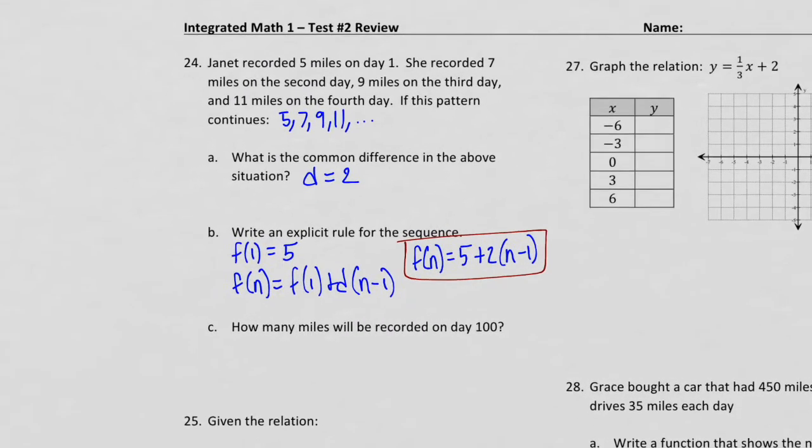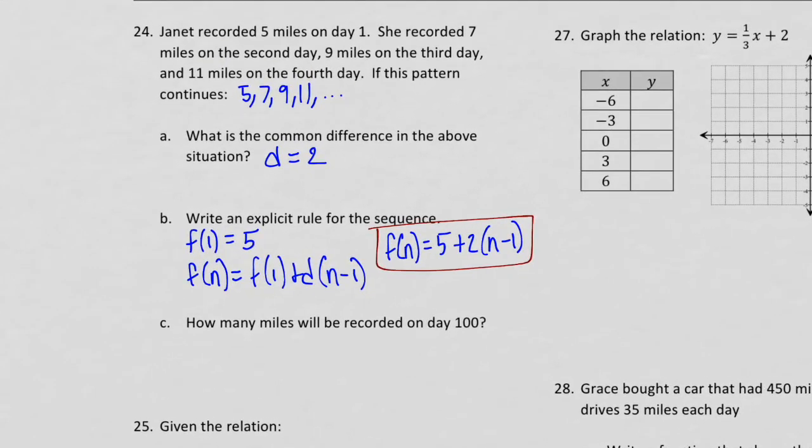Part C. How many miles would be recorded on day 100? That means plug in 100. F of 100 equals 5 plus 2 times 100 minus 1 is 99. So notice what I did there. I plugged in 100 right there. So it's 100 minus 1, 99. Solve that.